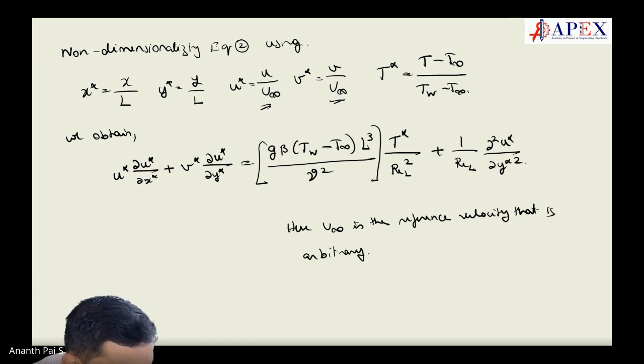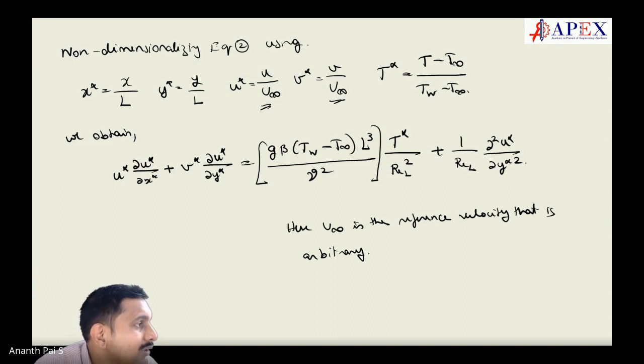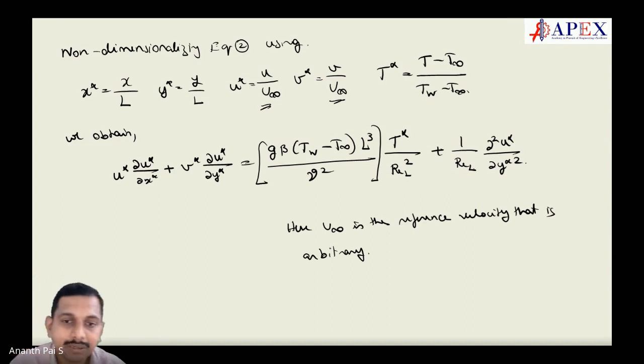It is not something physical that you can point to. You say what u infinity is and you have to stick to it. Based on that you get Re_L, because if you take u infinity as the velocity away at infinity, it is zero.